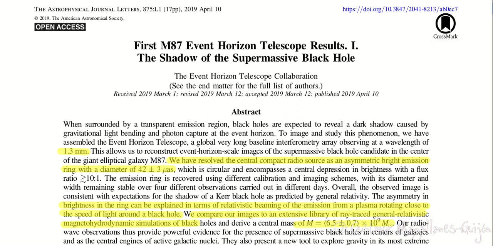In this video, we are going to review the paper, the first M87 Event Horizon Telescope results, I: the shadow of the supermassive black hole.